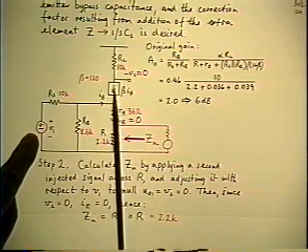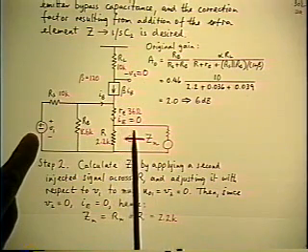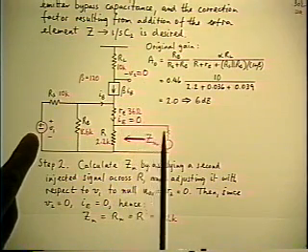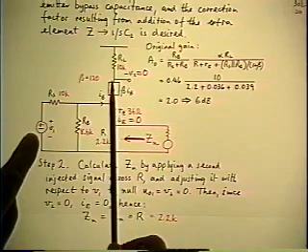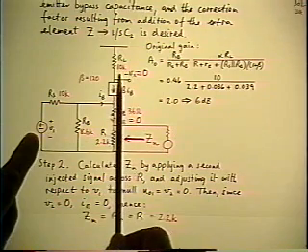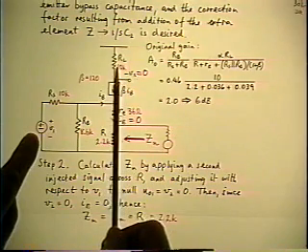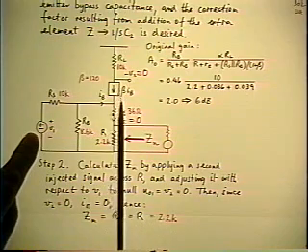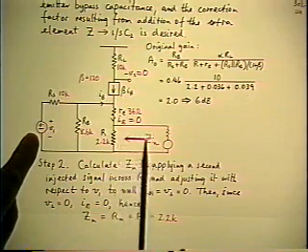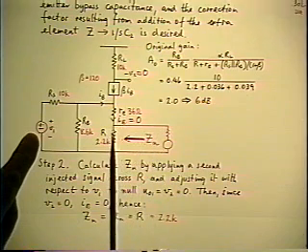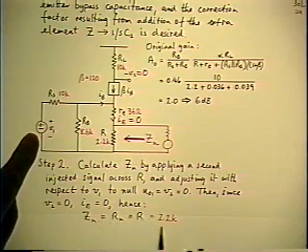You propagate the null back to the second source because the objective is to find what happens to the current from the second source. Where does it go? And the argument is if V2 is 0, 0 current in RL, 0 collector current, 0 emitter current, and that tells you the answer you need. All of the current from the second source goes down R, so the answer is R.